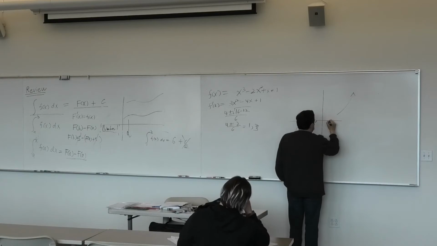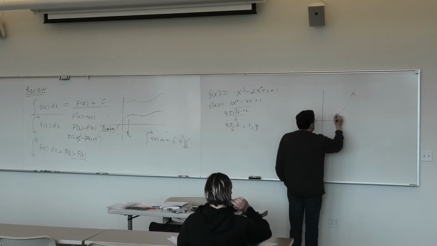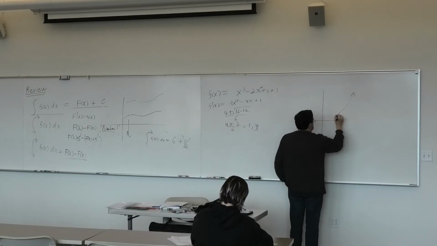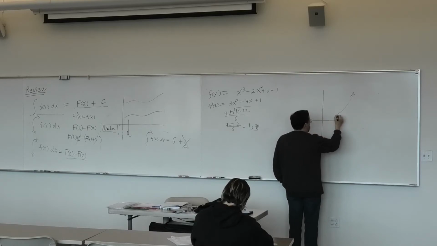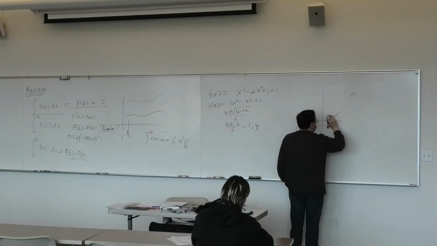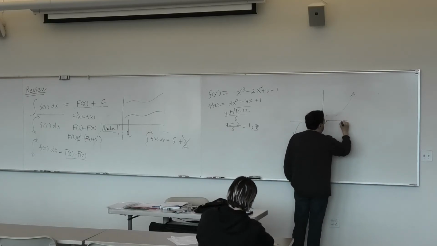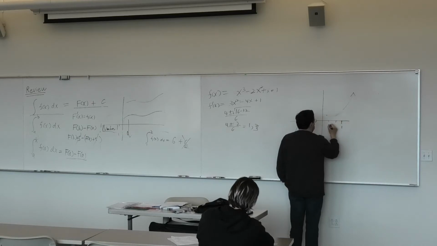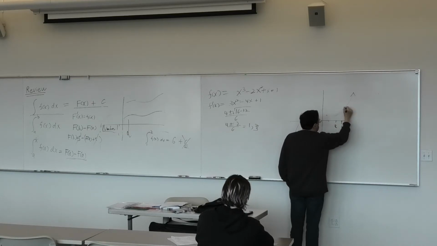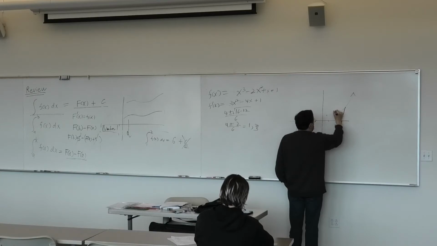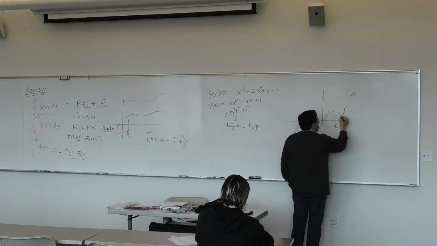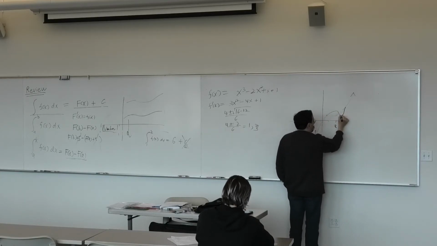So at 1, I don't know where this is going to go through the axis, but it's going to be 1, my scale is not going to work here. Here's 1, here's 2/3. So I know already there's probably a local min at 1 and a local max at 2/3.